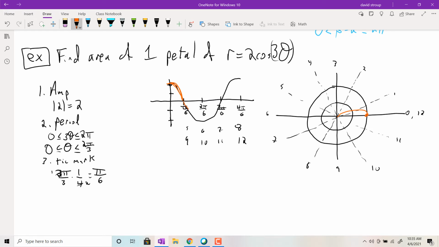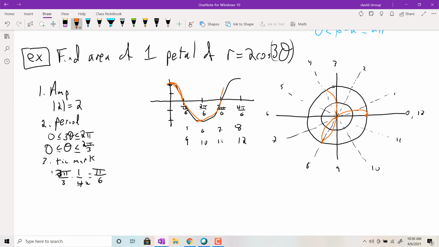Then from pi over 6 to 2 pi over 6, it'll go onto the negative side of the axis. So it's actually over here, right? It kind of curves over to here. And then from 2 pi over 6 to 3 pi over 6, it goes back to 0. And then from 3 pi over 6 to 4 pi over 6, it'll jump back to 2.